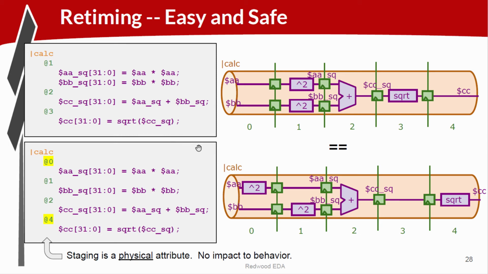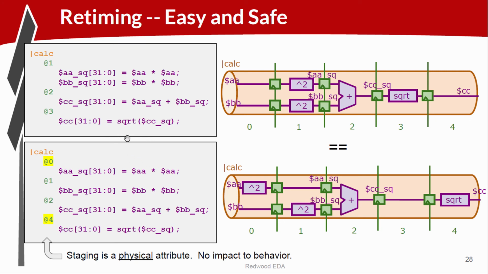We'll see more interesting examples later on of how pipelines interact, but through all of this, you'll see that the timing abstract modeling provided by TL Verilog gives you this property that you can change the stage bucketing with a guarantee that you're not changing the overall behavior of your circuit.